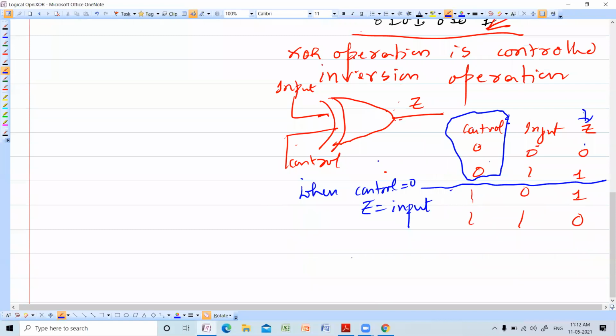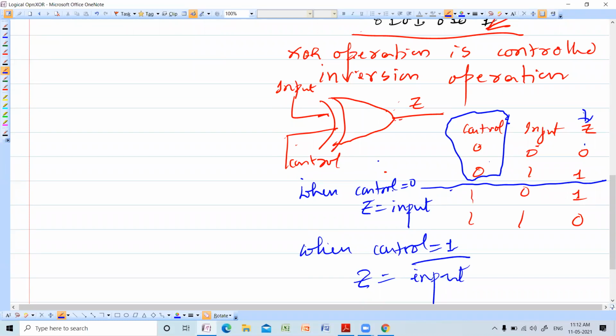Whereas when control is equal to 1, Z is input bar, the complement of the input. Z is 1, 0 when input is 0, 1.